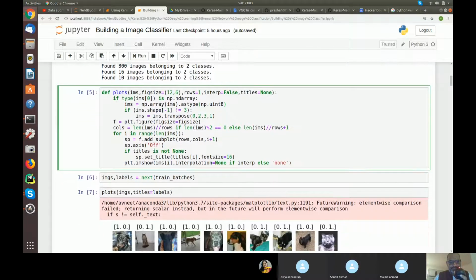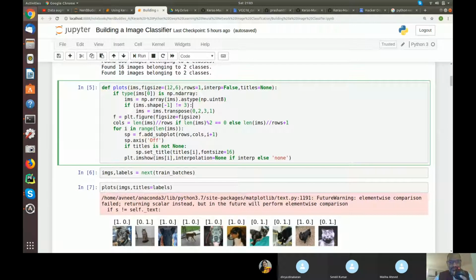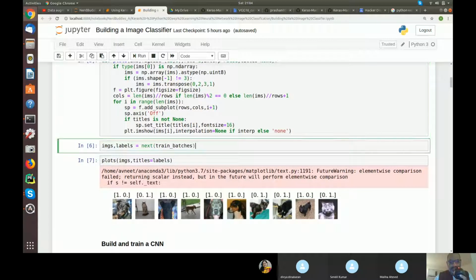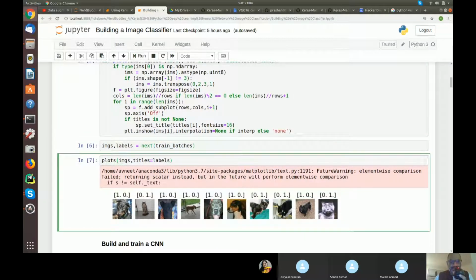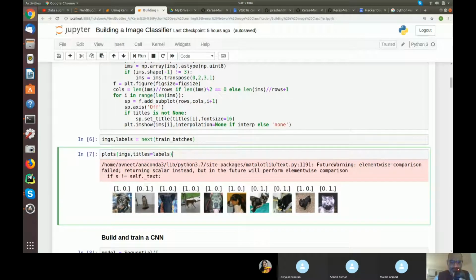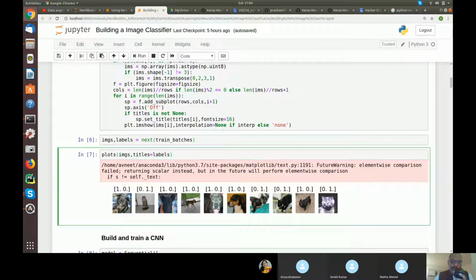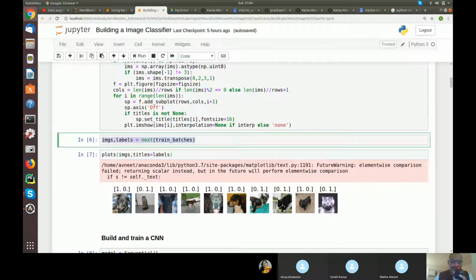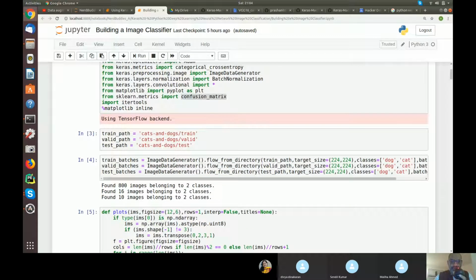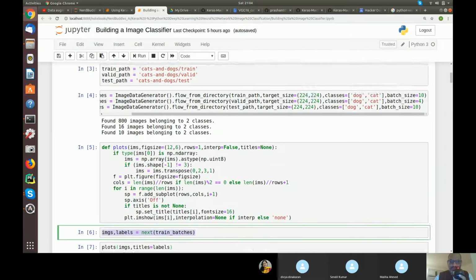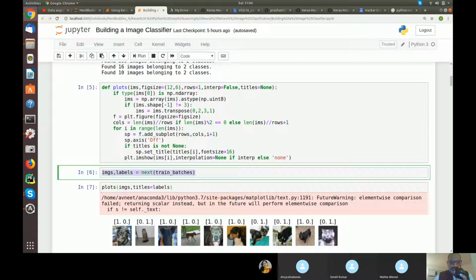Then we can use this function to get some images and plot them to see what they look like. This function is saying get me the next 10, because we told it every time you pull, the batch size should be 10. It pulls the 10 and stores images and labels in these variables.